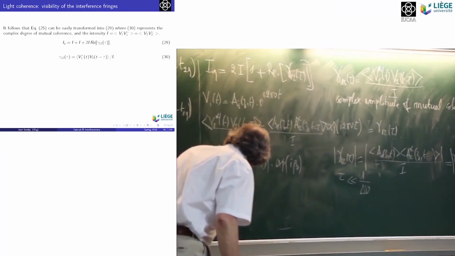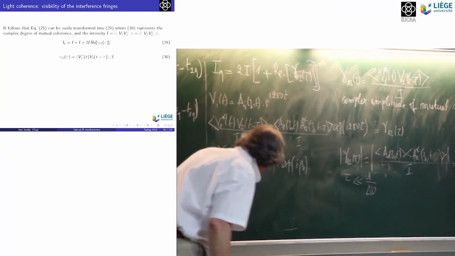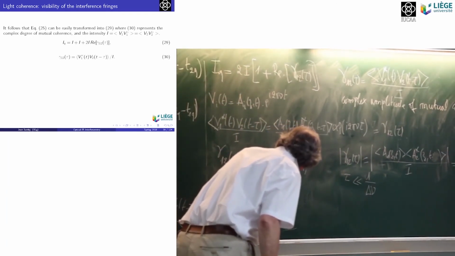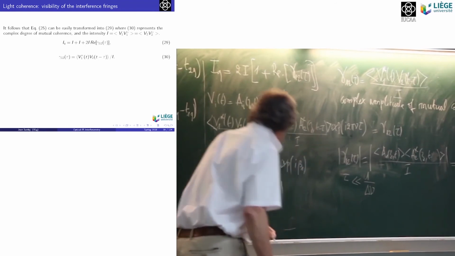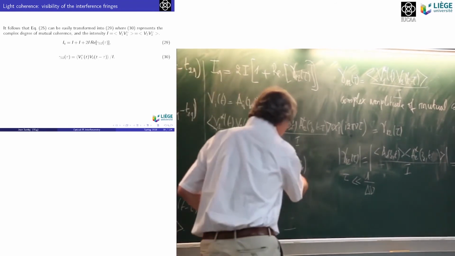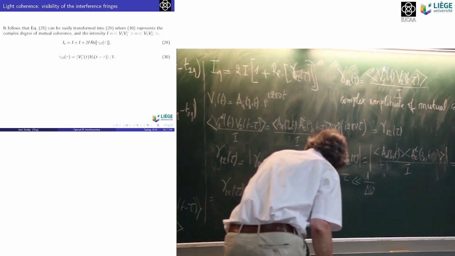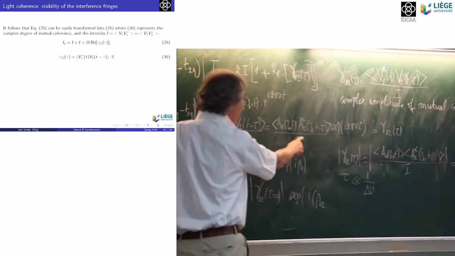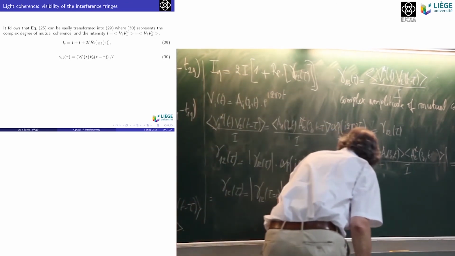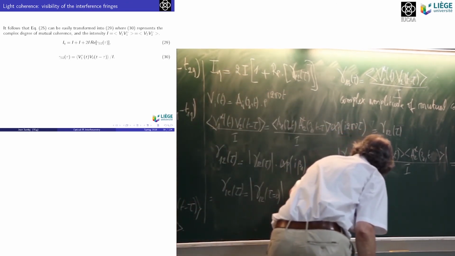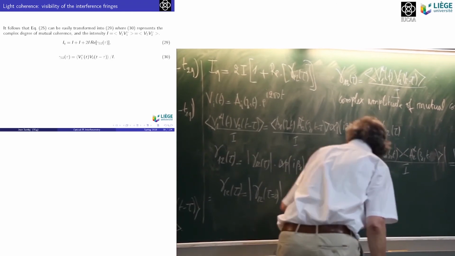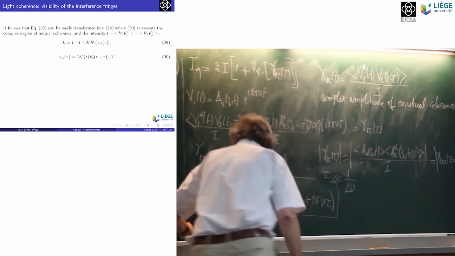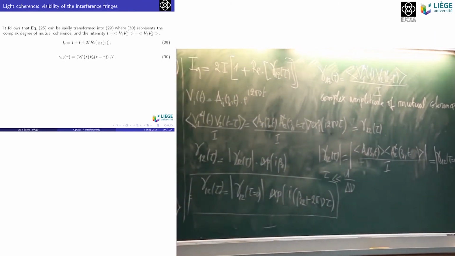I find that gamma 1, 2 as a function of tau is equal to the module of gamma 1, 2 for tau equals 0, multiplied by this quantity, the exponential of i multiplied by beta 1, 2 plus 2 pi nu times tau. And this is the very important result that I wanted to establish with you.